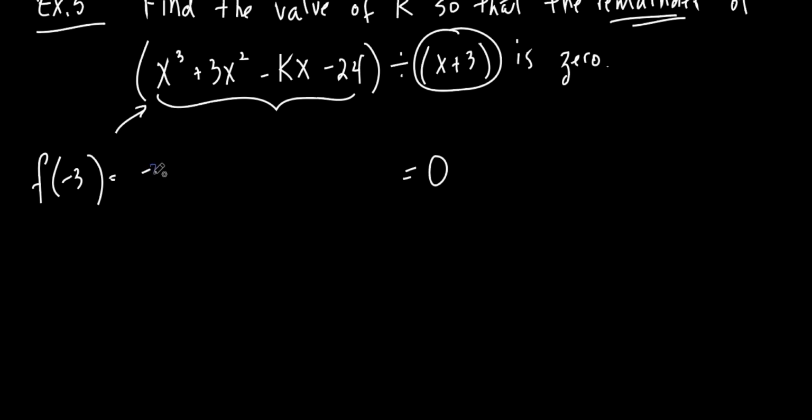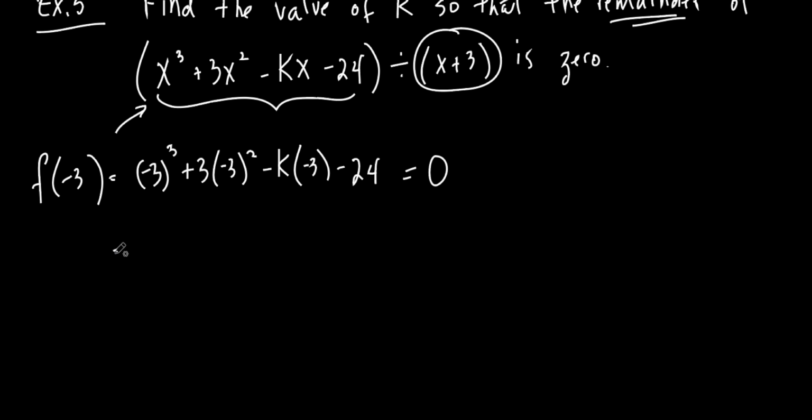I'm going to write it all out so you don't wonder where we're getting these numbers from. That's 3 times negative 3 squared, minus k times x, which is negative 3. That's my variable. That's what I'm going to solve for, minus 24, and that equals 0. Everybody okay with that?